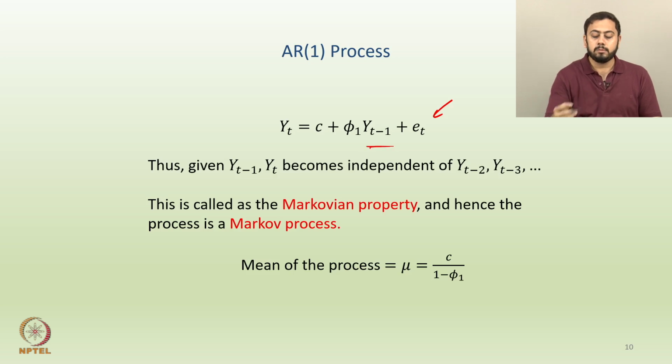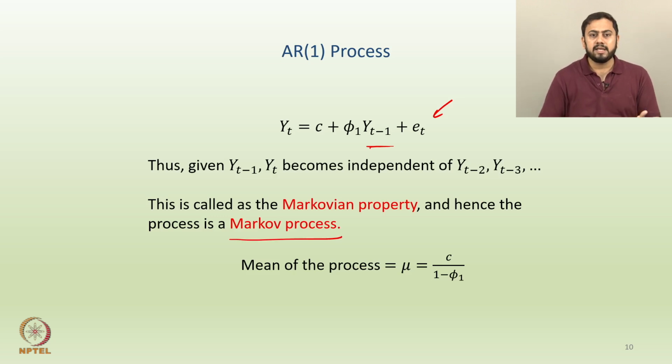Okay. So, assuming that yt minus 1 behaves like a constant, yt becomes independent of all the previous values, right: yt minus 2, yt minus 3, etc. And such a property is called the Markovian property. Okay. And hence, this AR1 process is in fact a Markov process, right.